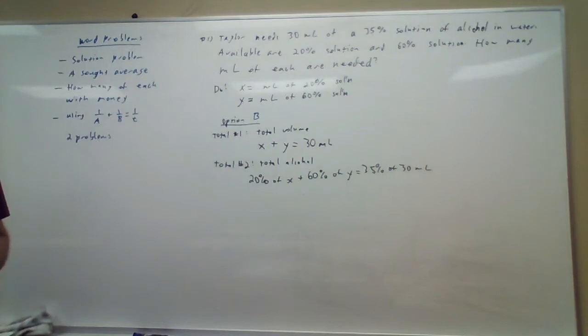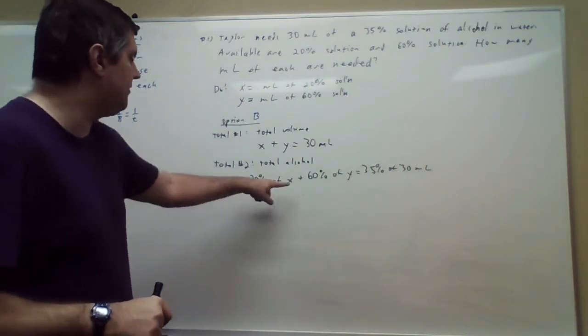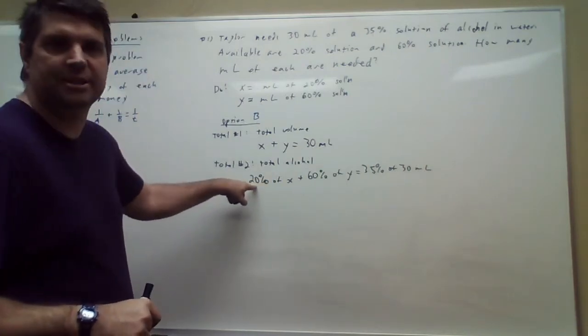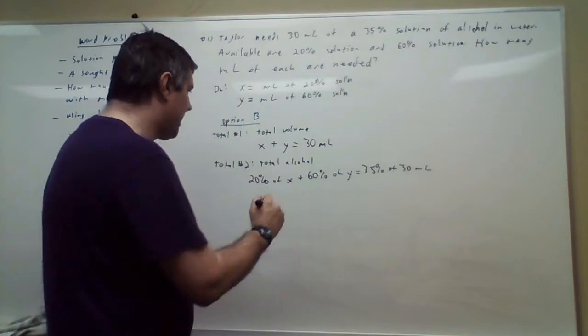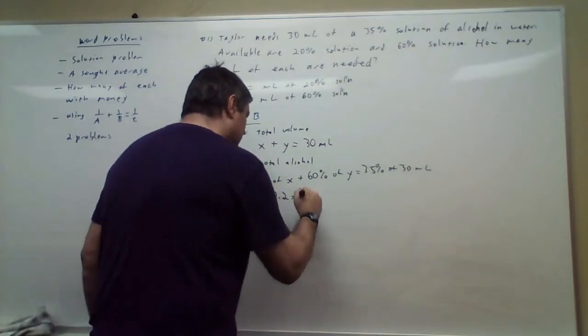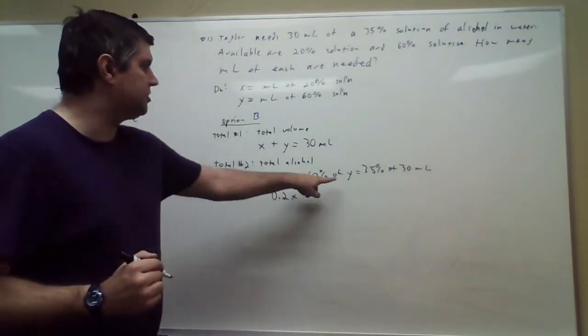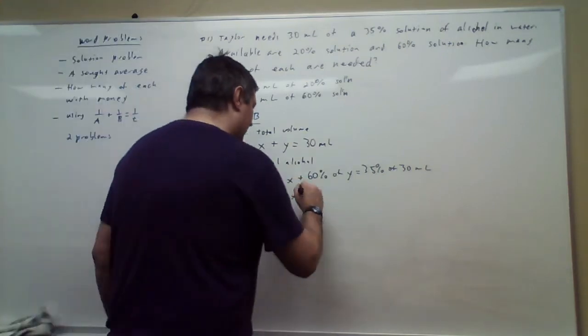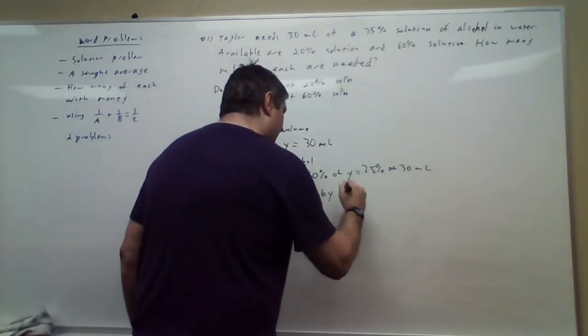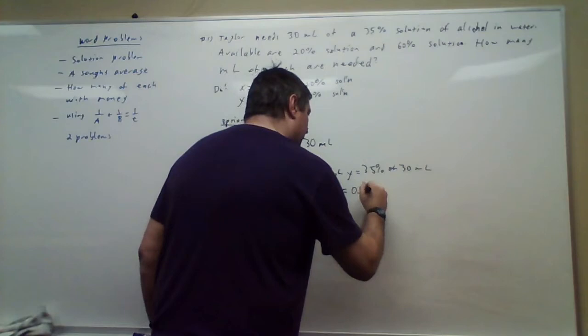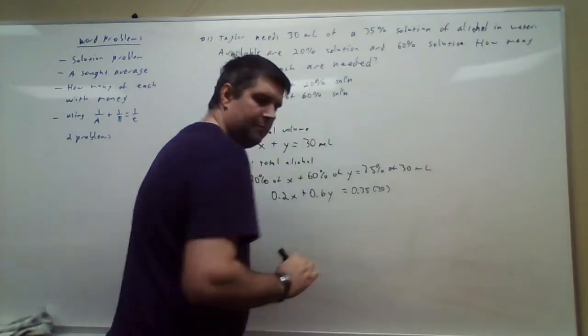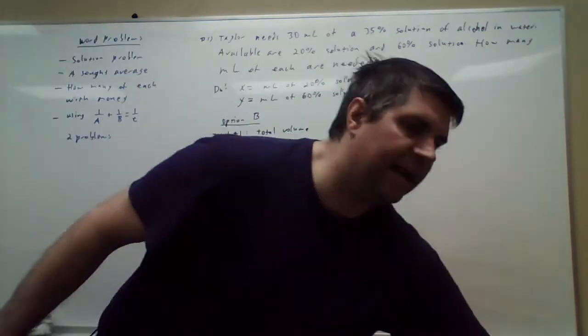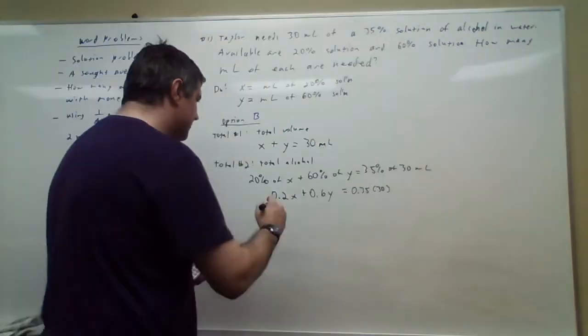Okay? Now, to explain 20% of X, 20% as a decimal is 0.2, so that would be 0.2 times X. And 60% of Y, well, 60% in decimal form is 0.6. And that's going to be 0.35 times 30. Okay? Which I just did, it's 10.5.